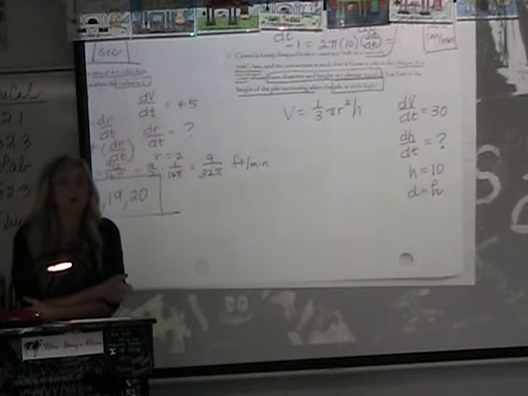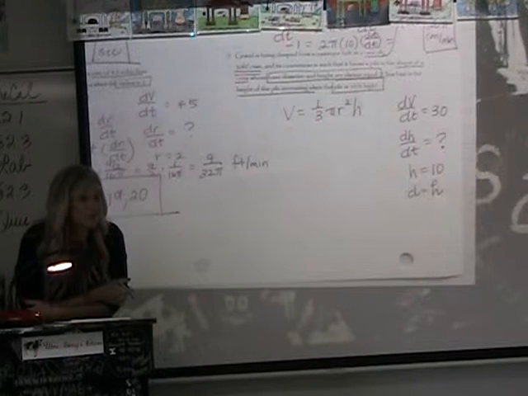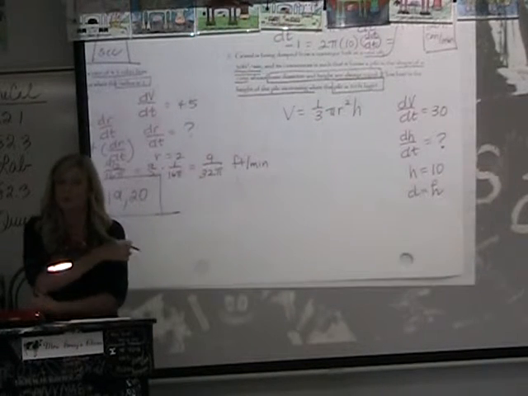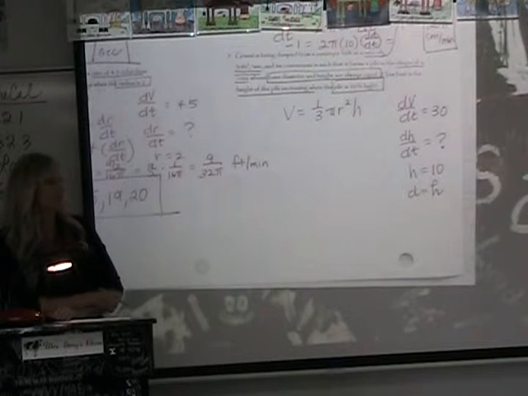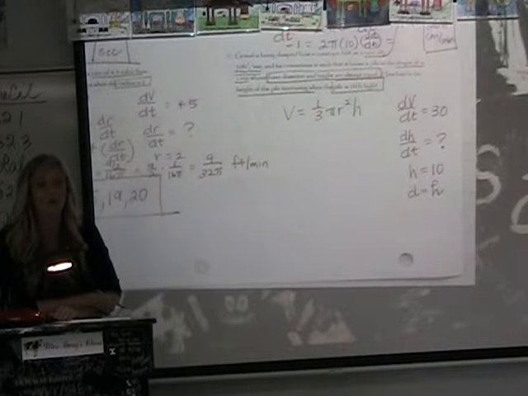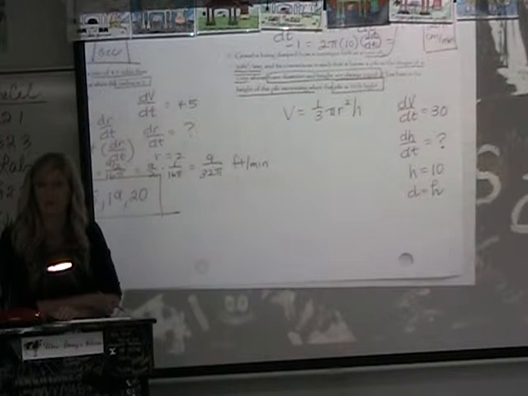Okay, so I don't really have a diameter in my formula, but I do have radius, and we just said that radius is half the diameter, so that means diameter is 2 what? 2r. If the radius is d over 2, the diameter is 2r. Everybody follow me?